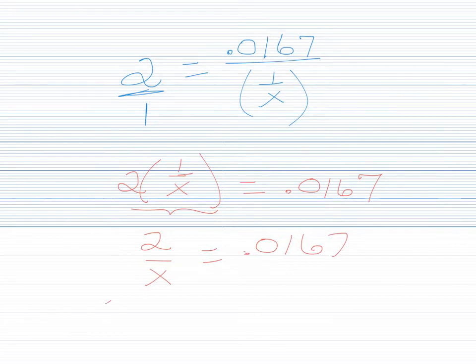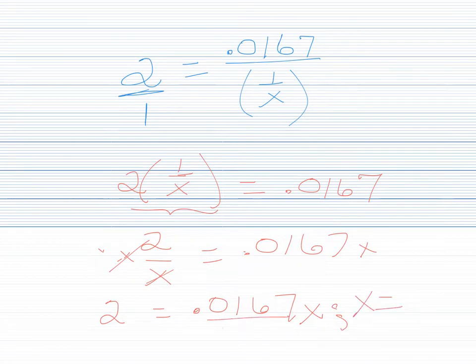So then we get 2, or think of it as multiplying both sides by x, if that's easier for you to think of. So we end up with 2 equals 0.0167x, or x equals, got to divide both sides by 0.0167, x equals 2 over 0.0167.